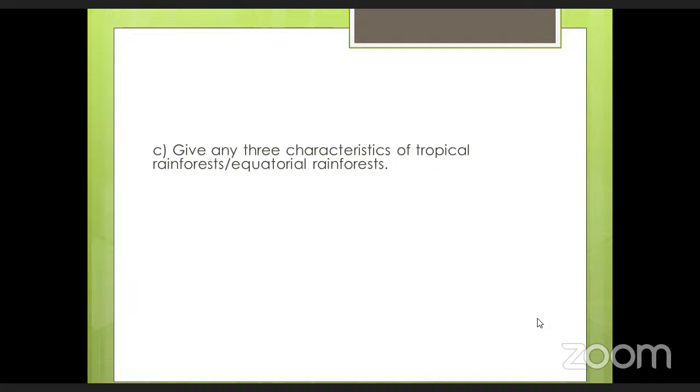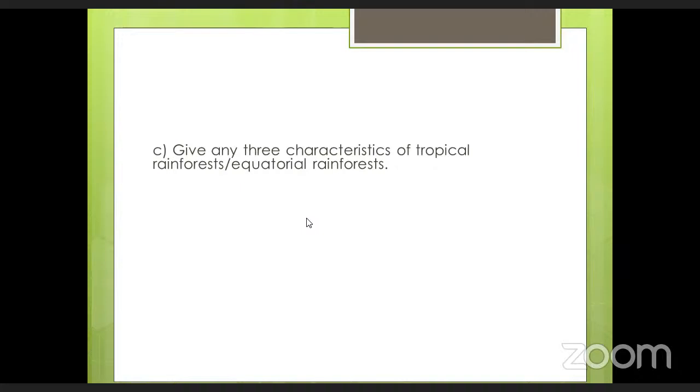Give any three characteristics of tropical rainforest or equatorial rainforest.